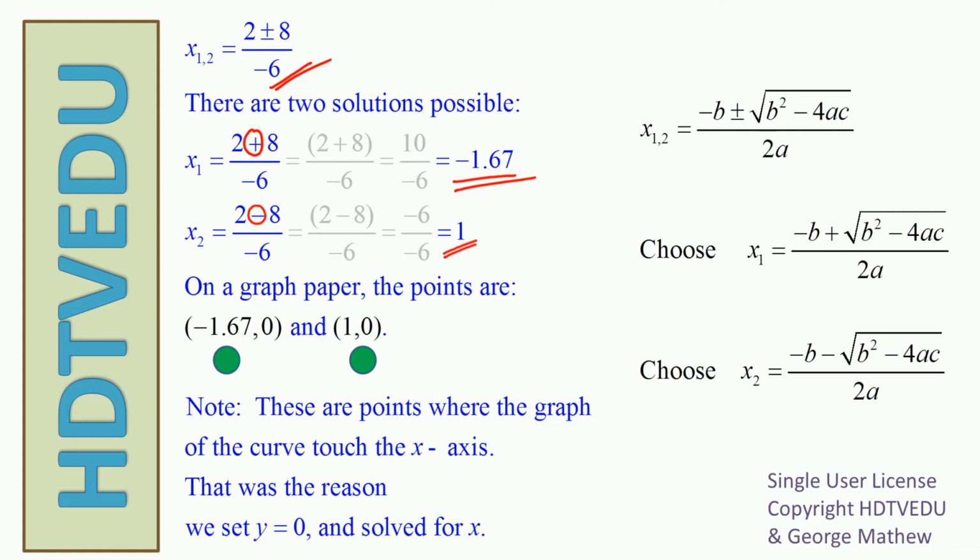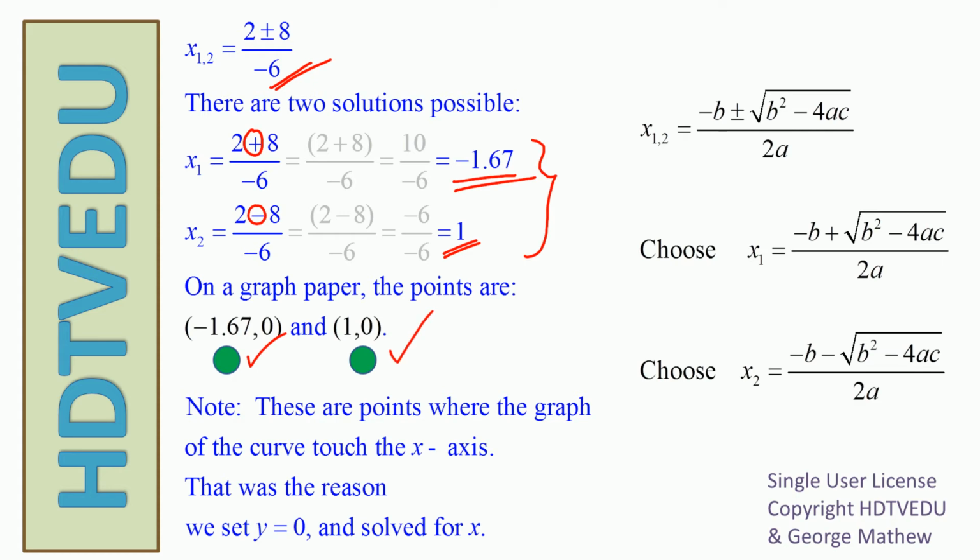What are our x-intercepts? X-intercepts are when we have y equal to 0. So we have negative 1.67 and 1, but you have to put y equal to 0. That makes it negative 1.67, 0 and 1, 0. So those are our x-intercepts.